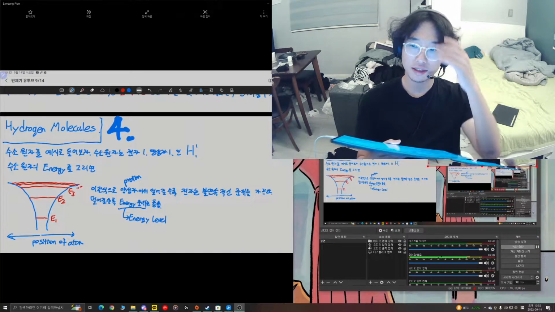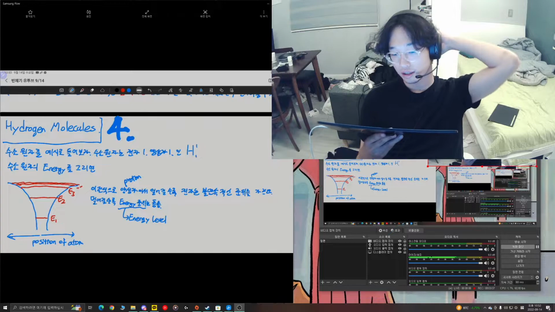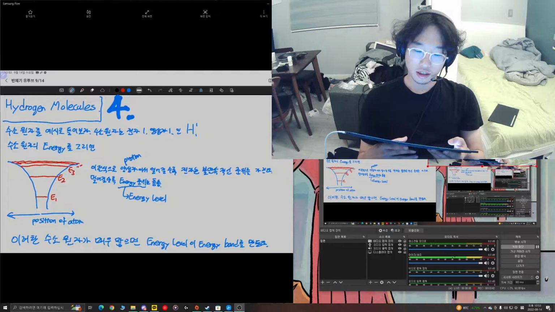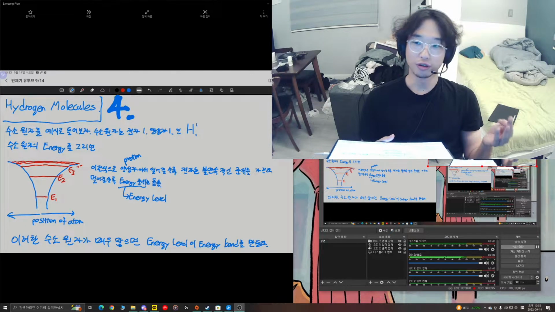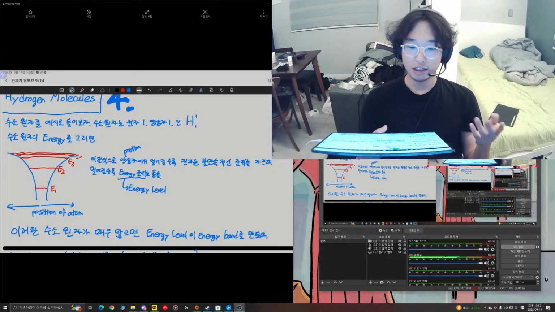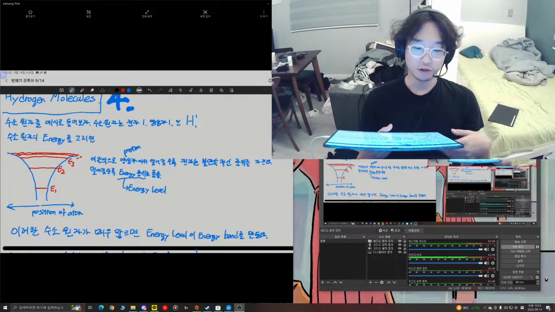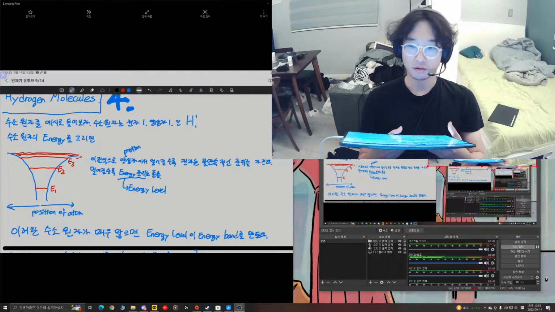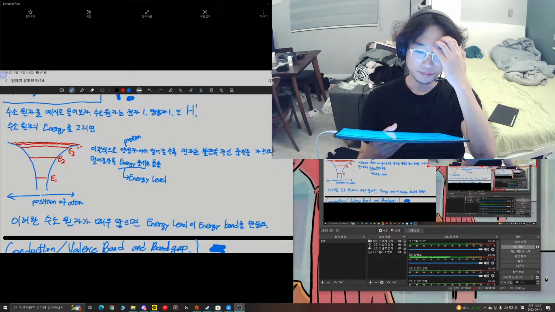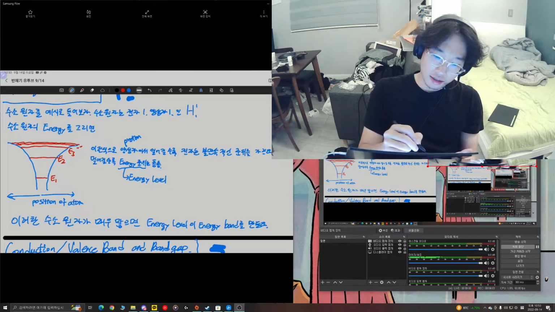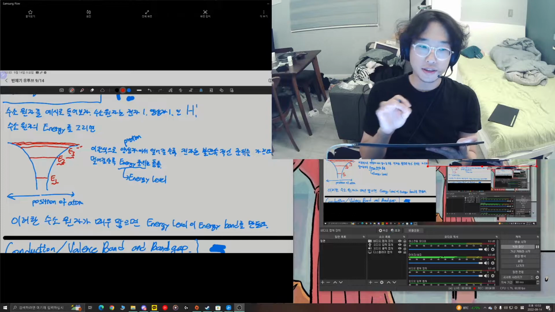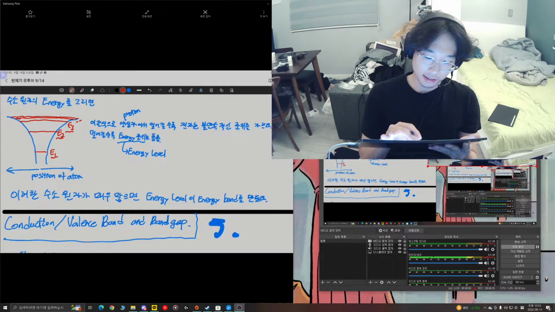So let's take an example, hydrogen. Hydrogen has one proton, one neutron, and one electron. And when we draw the energy of a hydrogen molecule, like this, it has discontinuous energy levels.